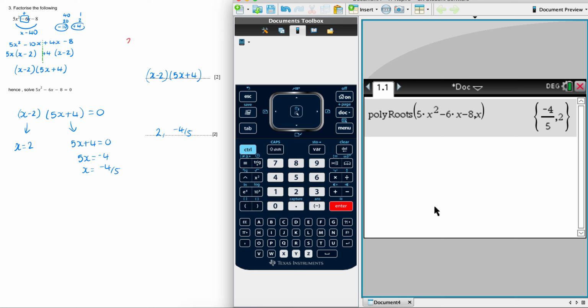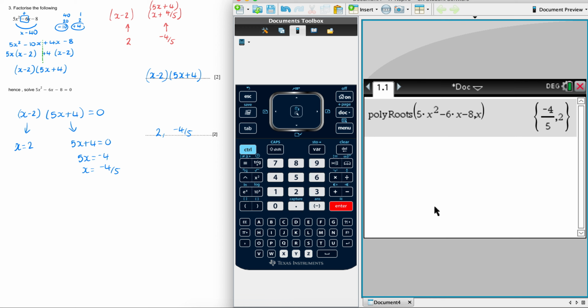So if you know the answers are 2 and minus 4/5, then you could kind of work backwards to what we did in part B, and you can say that this came from this bracket and this came from this bracket. Or a nicer way to put that first bracket would actually be to multiply that 5 to here, in which case I could write that as 5x plus 4.